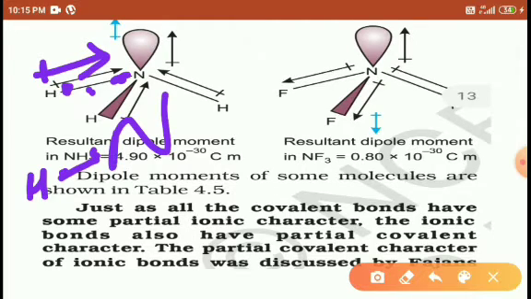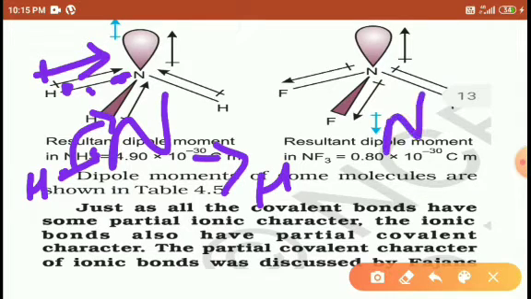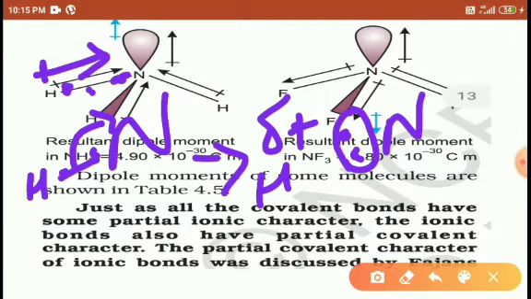When they are slightly shifted, the pair of electrons moves toward the high electronegativity element. Then a partial positive charge develops on one atom, and a partial negative charge develops on the highly electronegative atom.